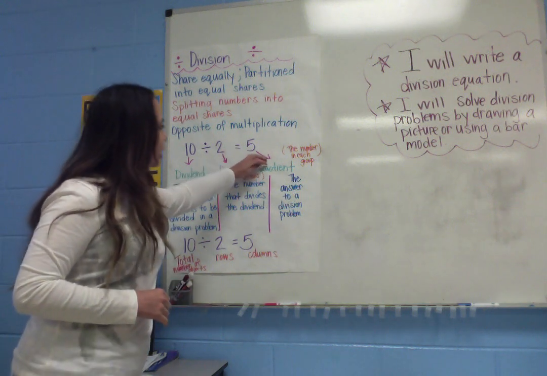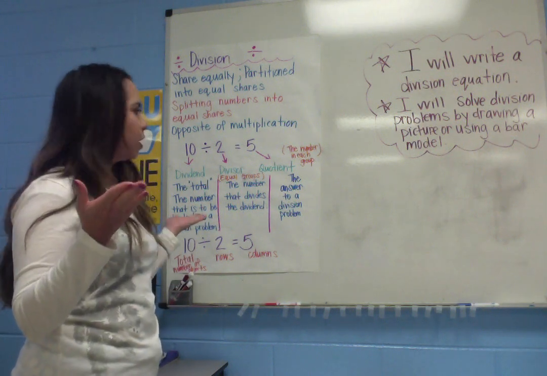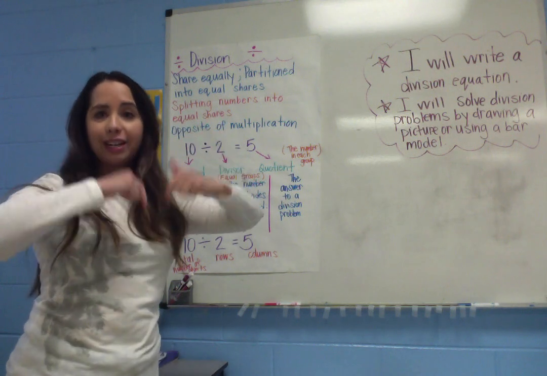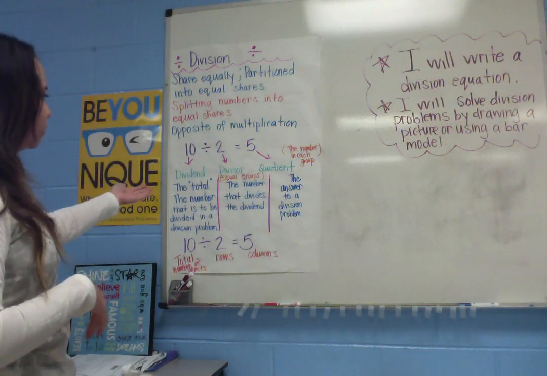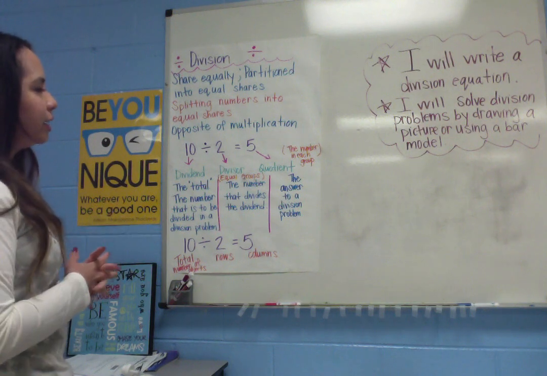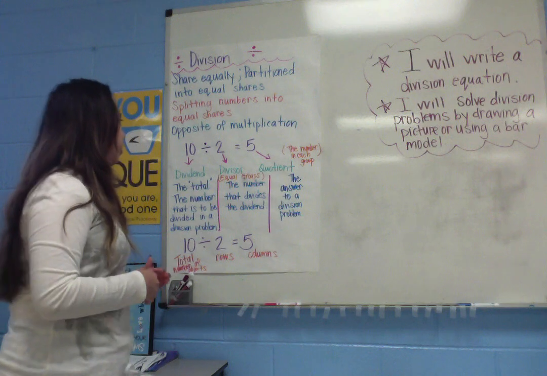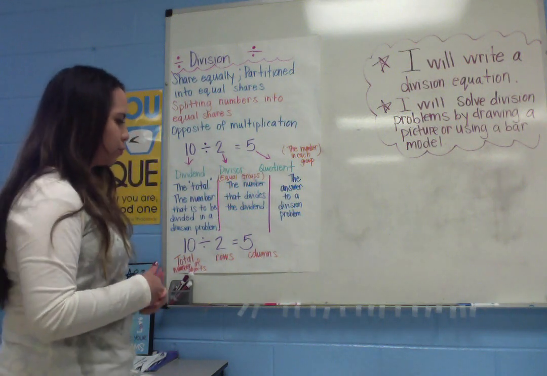So usually the quotient of a division problem is the answer, and it's the number in each group. These are the key vocabulary words that represent the equation. And we'll practice some more.